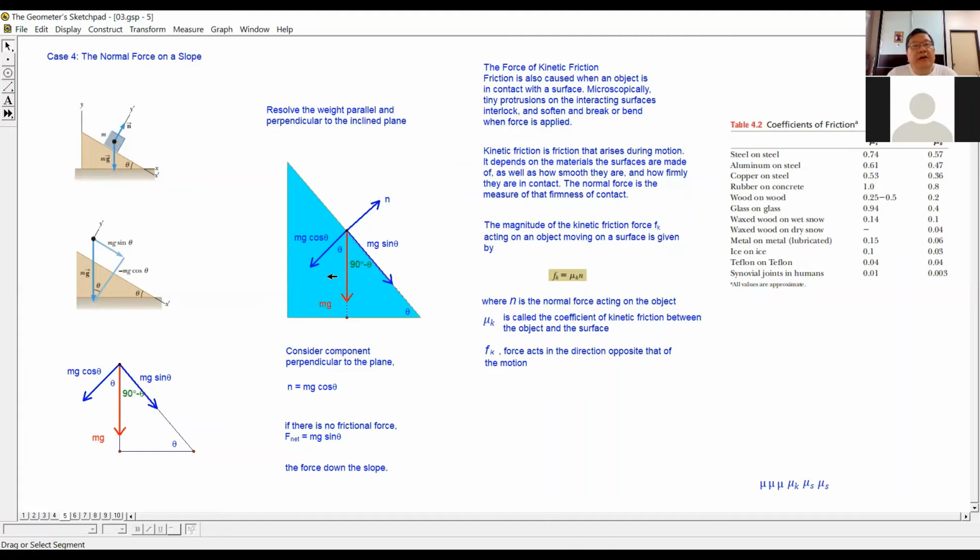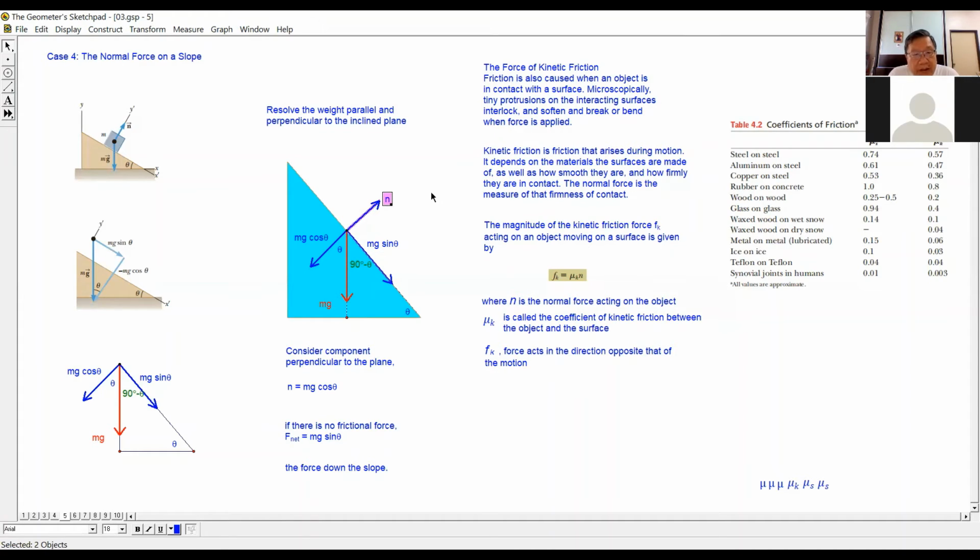Right? Then because now we are resting on the slope, the slope will provide a normal reaction, a normal force. And that normal force is perpendicular to the surface of the slope.